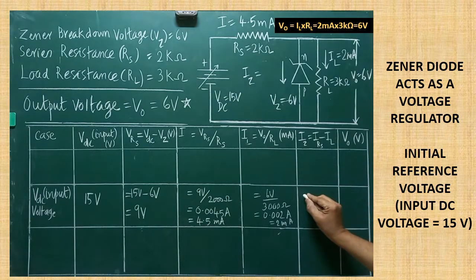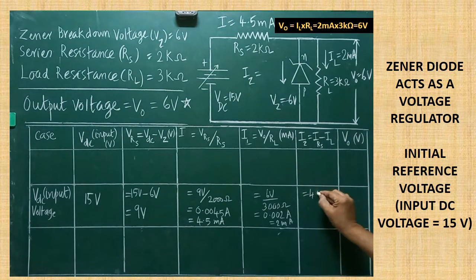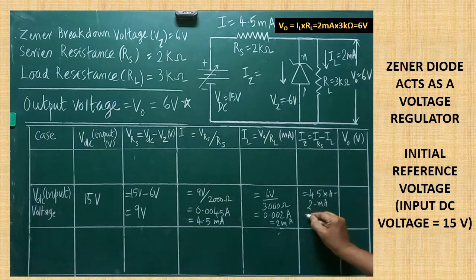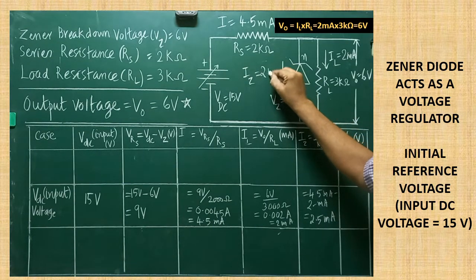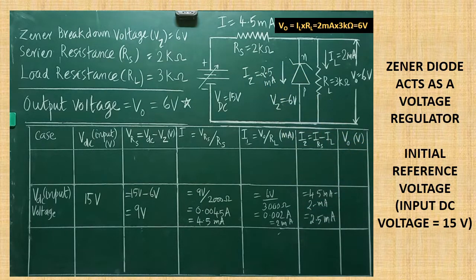Substitute here. 4.5 milliampere minus 2 milliampere will be equivalent to 2.5 milliampere. So this is the value of IZ. So I will write it here. 2.5 milliampere amount of current is flowing through Zener diode.